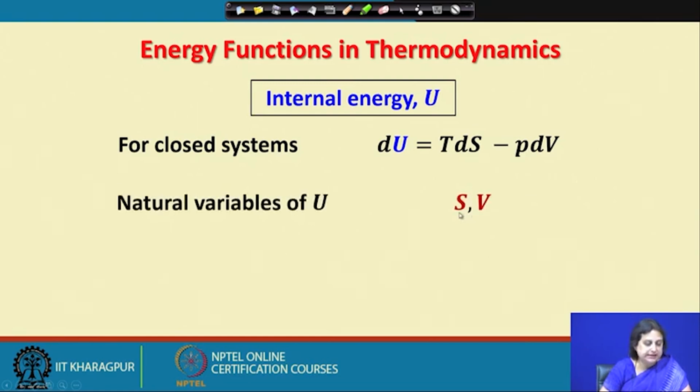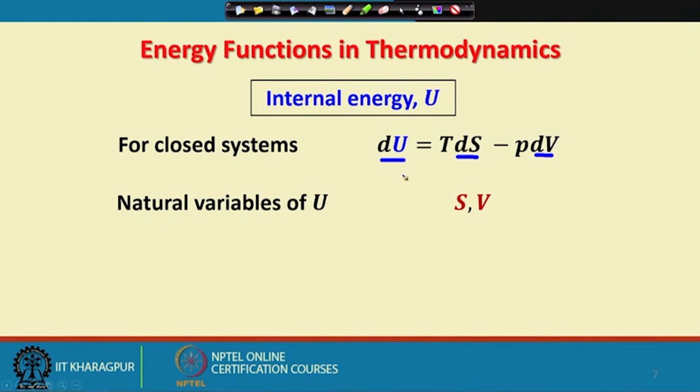The first one is S and the second one is V. Therefore, if a system whose initial state is defined by assigning some values of S and V undergoes a change in state, the change in state will be characterized by some change dS and some change dV, and there will be associated directly a corresponding change in the internal energy. So, once we know that, we can also understand what is T and what is P.